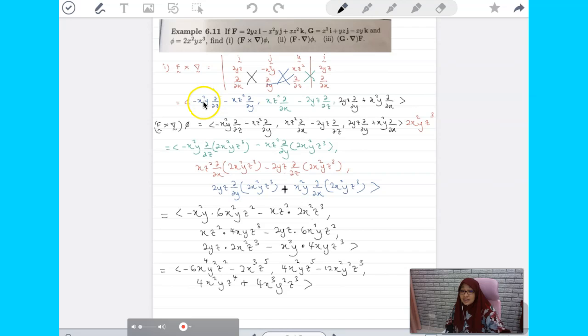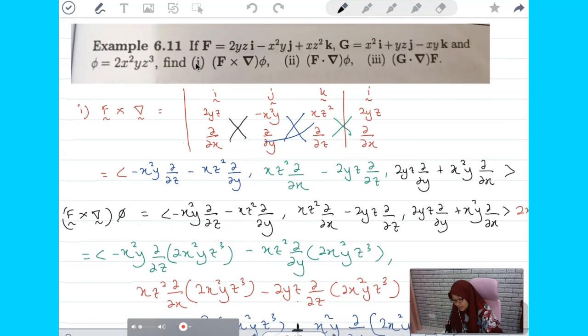So meaning that here I want to show, even though the gradient is at the back, because normally we have the curl. When we have the curl, we have the gradient cross F. Okay, but now you have the other way around, so it is still possible, but you have to bear in mind that this is an operator.